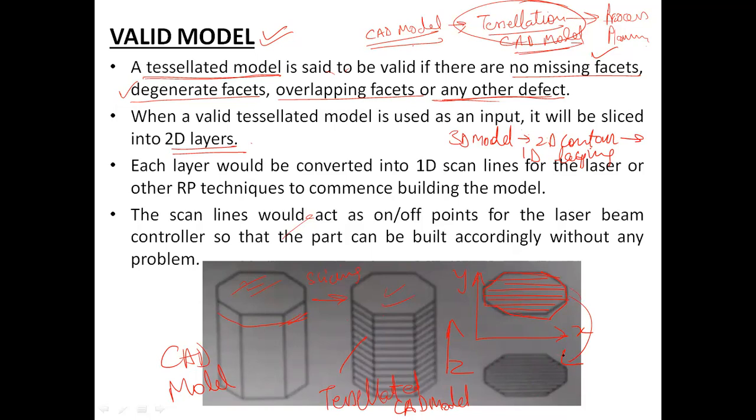Now, if any of the edges are missing, it becomes an invalid solid. So once you define a starting and an end point for the layering process, suppose this is the starting point and this will become the end point, every hatching that will be done will end at some place.